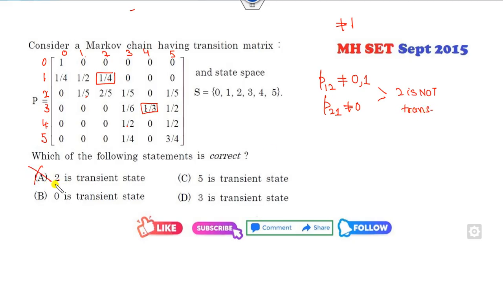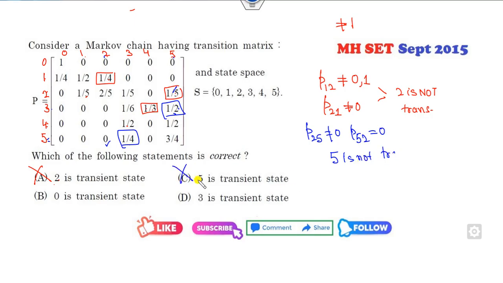Fine, this option is cancelled. Look at the fifth one. This number is 2,5. What is the opposite, 5,2? That's 0. So that means the one property is satisfied. This is non-zero, 5,2 is 0. Look at this another number, 3,5 and 5,3. You can see that. It means 5 is not transient.